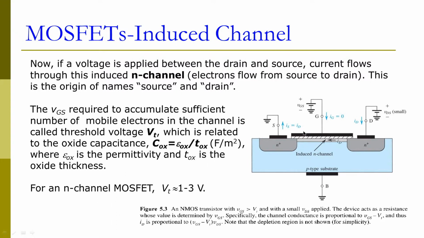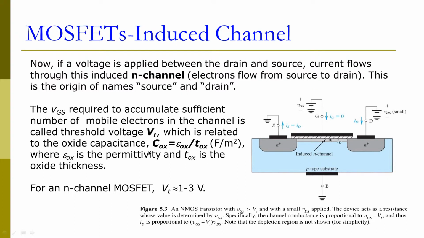So the gate voltage, VGS, is required to accumulate a sufficient number of mobile electrons in the channel. Right? This kind of voltage, we call the threshold voltage. This value is related to the oxide capacitance.